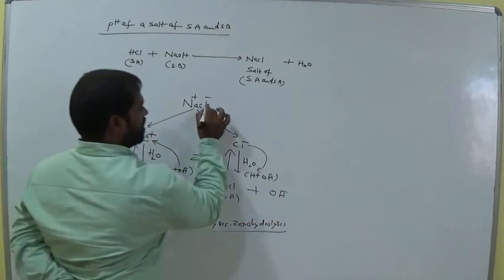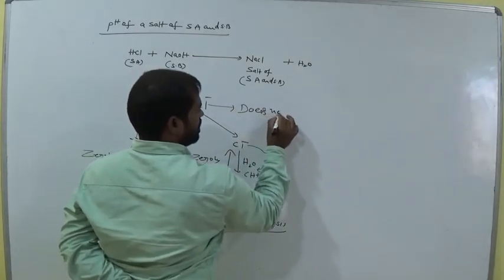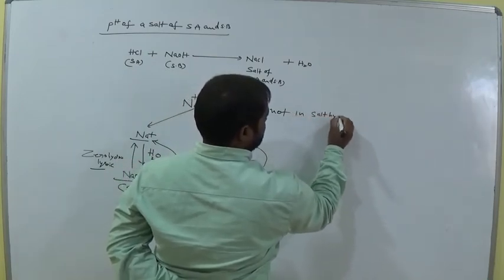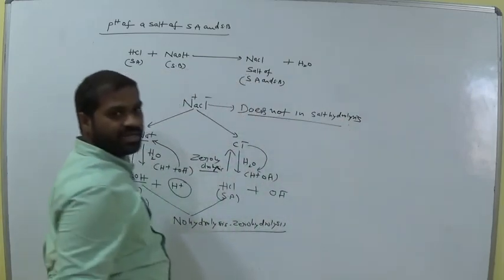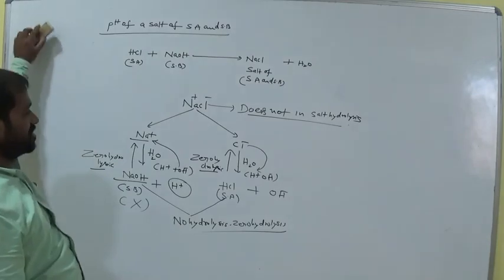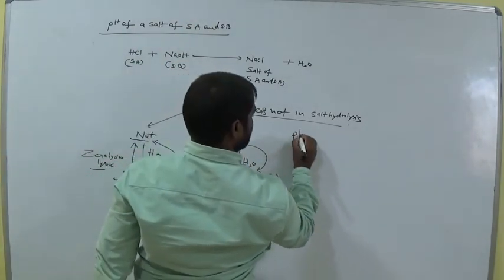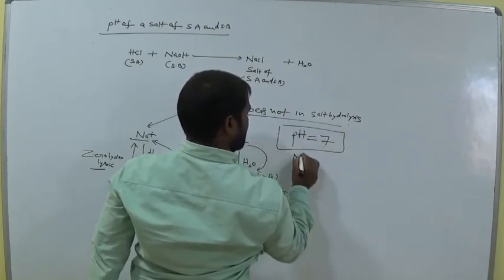So this salt does not undergo salt hydrolysis. Remember this. Okay, it's clear, students. We will meet again tomorrow. So finally, what is the pH of the salt of a strong acid and strong base? 7. Why? Because it is neutral.